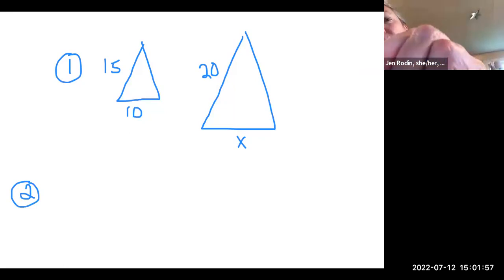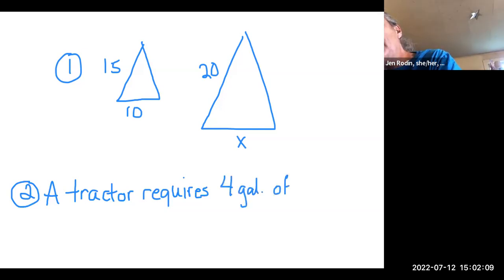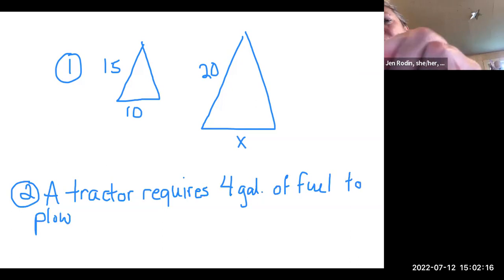So this is one of my favorites. A tractor, this comes from the book, requires 4 gallons of fuel to plow for 90 minutes.